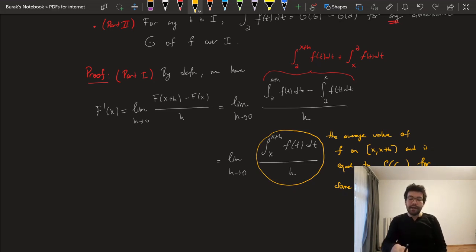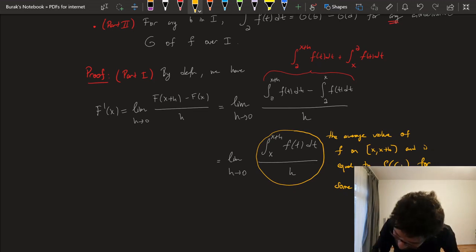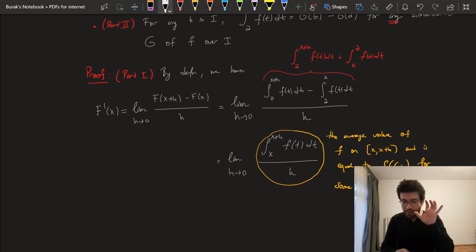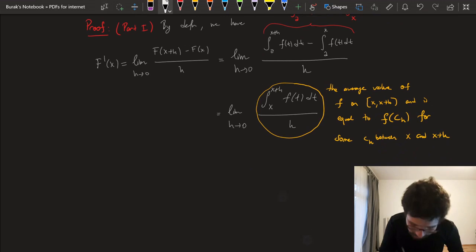So this is the average value of f over the interval x, x plus h, and by the mean value theorem for integrals, this is equal to f of c for some c between x and x plus h. Now, clearly, this number c will change because I'm taking the limit, so h is changing. So this thing actually depends on h. Nevertheless, it's always between x and x plus h.